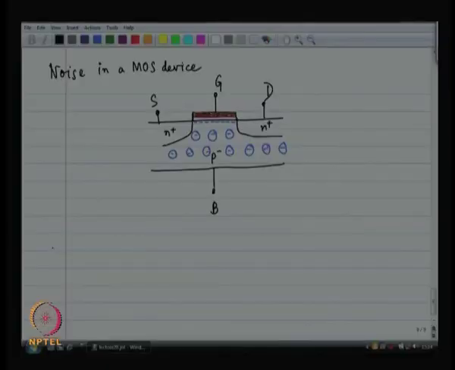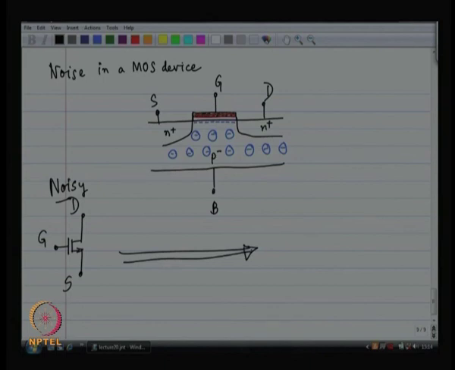So, if this is a noisy MOSFET, okay, the model for a noisy MOSFET is, first of all, you have got some gate noise, okay, and then you have got the noiseless MOSFET, and in shunt with the channel of the noiseless MOSFET, there is a noise current.